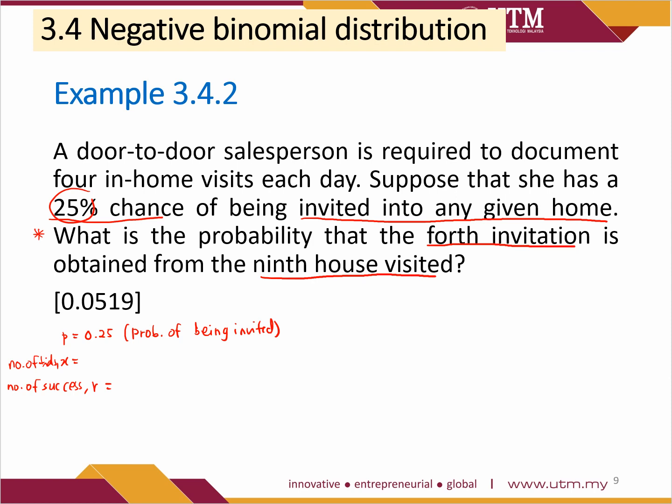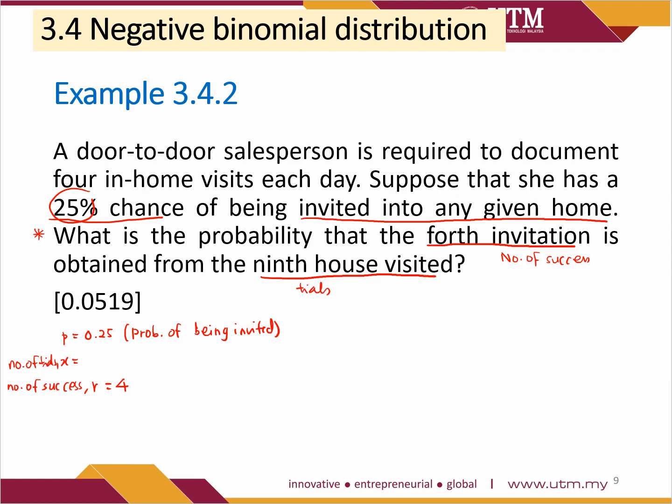And given that this 4th invitation is the number of successes. So this will be your success of getting invited. So the number of successes is given as R. This will be your 4. And the 9th house is your trial, meaning that you have gone to 9 houses and that 9th house is your 4th invitation.